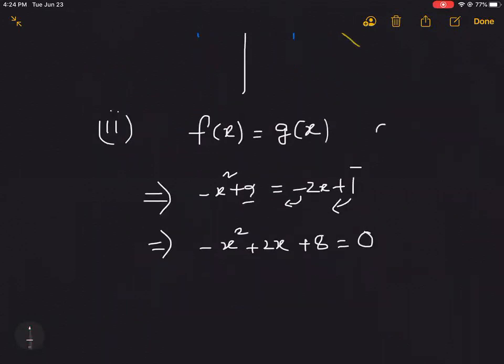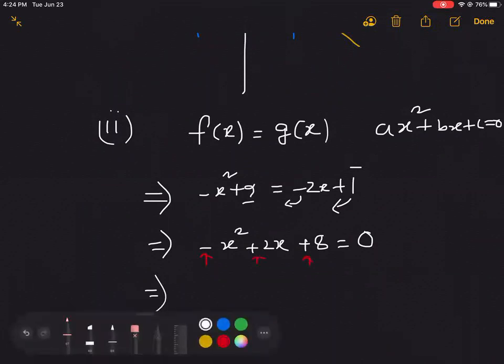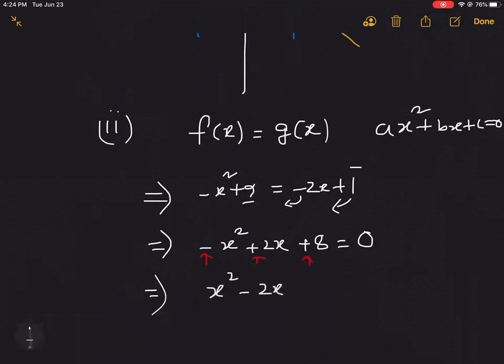And we know the ideal form is this, right? So what we'll do, we'll multiply each side by negative. That means all these signs will get altered if we multiply both sides by something negative. So x squared minus 2x minus 8 equals 0.